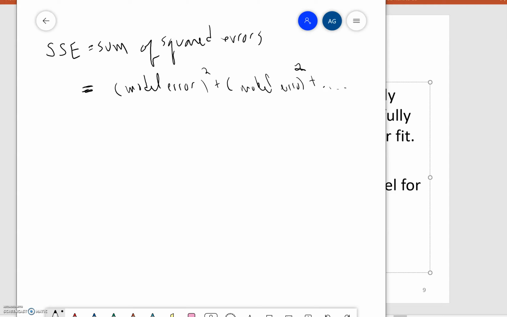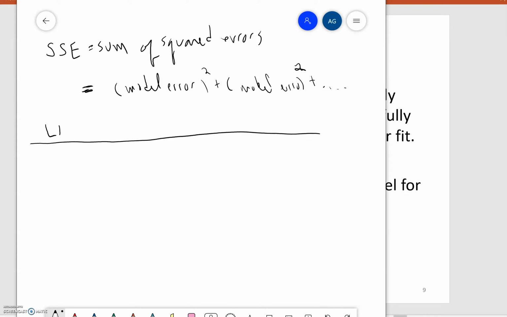And we add all those up. There are all these squares of the errors, and that's the SSE. It's a computationally heavy thing to do, so this is definitely something that you want to move to the calculator to do.